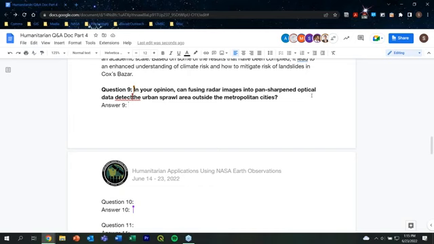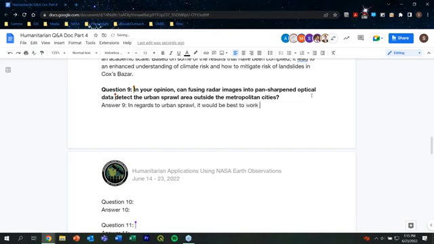I can take a stab at this. It's a little bit outside the scope of this part of the training, but if you're interested in urban sprawl, pan sharpening suggests that you're probably working with Landsat data, and you're interested in going from 30 meter down to 15 meter data.